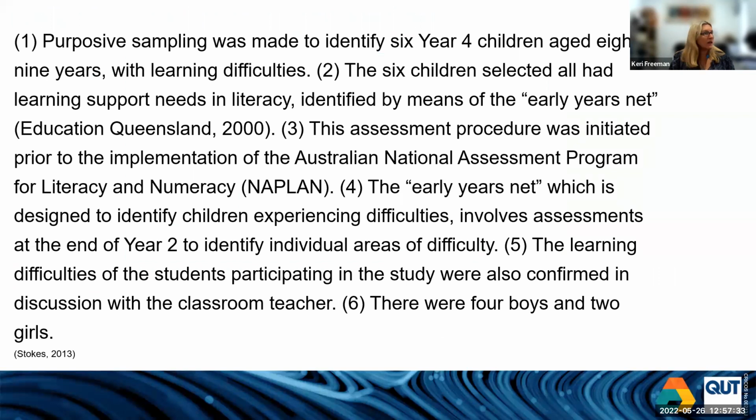All right, here is number one. This is from our exemplar that you're going to be looking at later, exemplar 2, the qualitative one, where this was an intervention in a classroom.